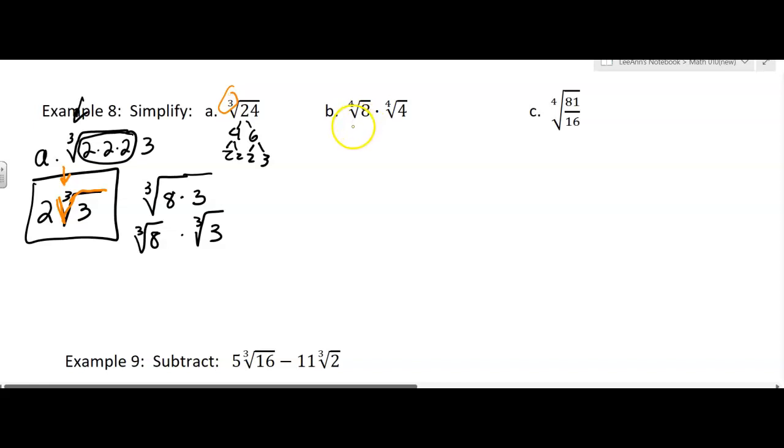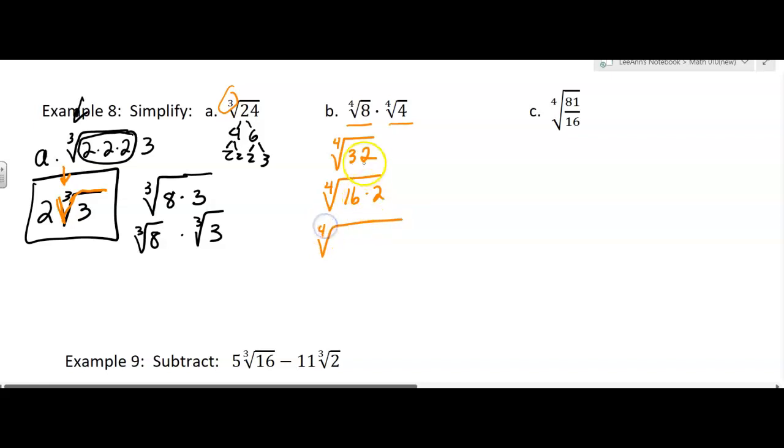So let's do another one. So we have the fourth root of 8 and the fourth root of 4. Okay. I could just multiply them together and say the fourth root of 32. That's true. But then I'd have to break down the 32. So I could say, well, it's 16 times 2, and we already did the 16, so we kind of know the answer.